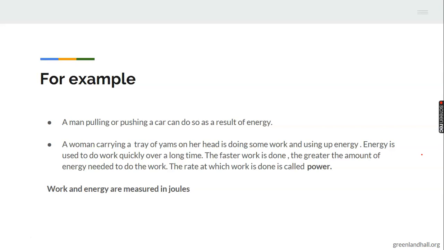Under examples, we have a man pulling or pushing. A man pulling or pushing a car can do so as a result of what? Energy. Because the man has energy, he can pull, he can push. Same thing with a woman carrying a tray of yams on her head, she is doing some work and using up energy.